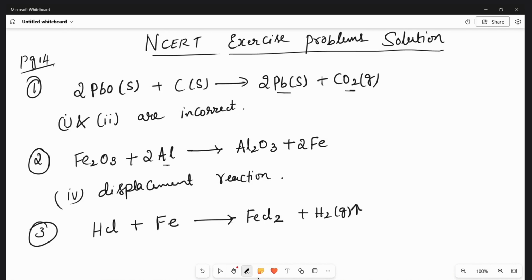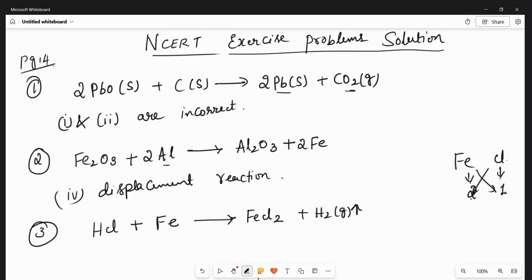Why is it FeCl2? Because iron valency 2, chlorine valency 1. Cross multiply, 1 iron reacts with 2 chlorine to form FeCl2. Iron will displace hydrogen here. It is an example of a displacement reaction.